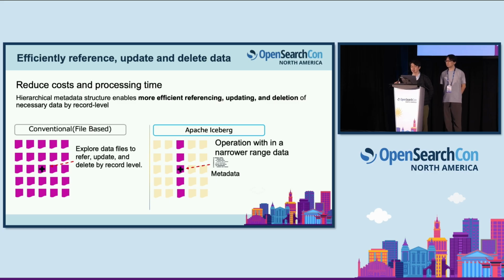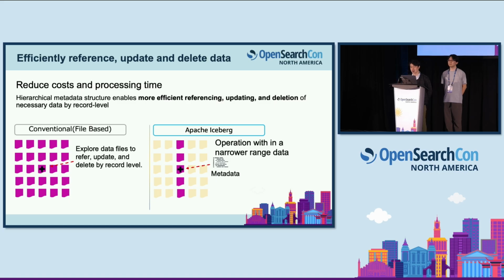The first feature is that an Iceberg table can be efficiently referenced, updated, or deleted at the record level. As I mentioned before, with the conventional way of just putting a file, when performing operations such as delete, you need to explore all the files, because it's unclear which files are linked to the target records.